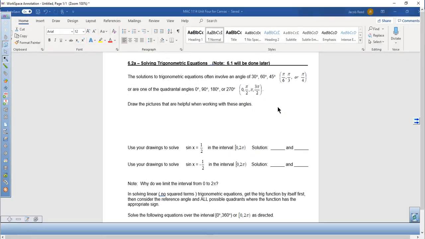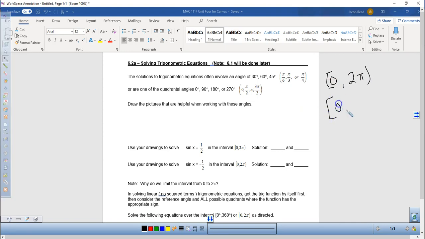Remember that we can also talk about radians in forms of decimals, ranging, if we're talking about 0 to 2 pi, we could also be talking about from 0 to 6.28 in radians. Just remember that pi is 3.14 radians. So make sure you keep that in mind. Some of your problems will switch in between degree, radian, or decimal.